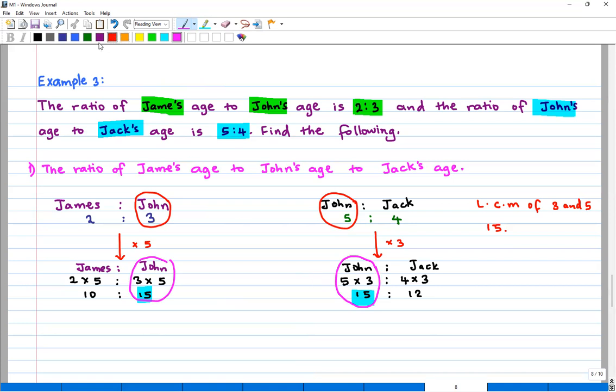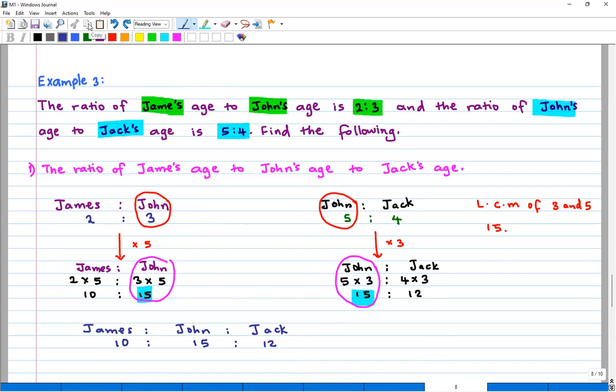Now let's rewrite the ratio. We need to know James to John to Jack. James is 10, John is 15, Jack is 12. Do we have any common factor of 10, 15, and 12?